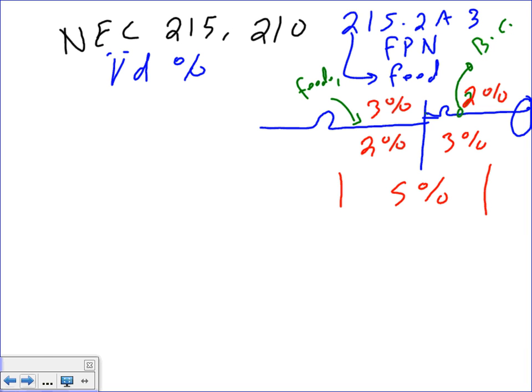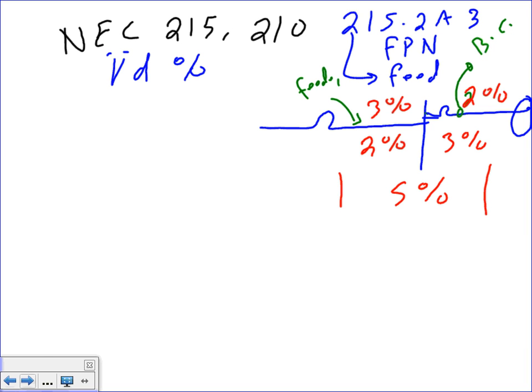It's not saying 2. It's saying no more than 3 on one of them, but the total has to be 5. So when you interpret your combo based on this, it's going to be either 3, 2, or 2, 3. Yes, sir.